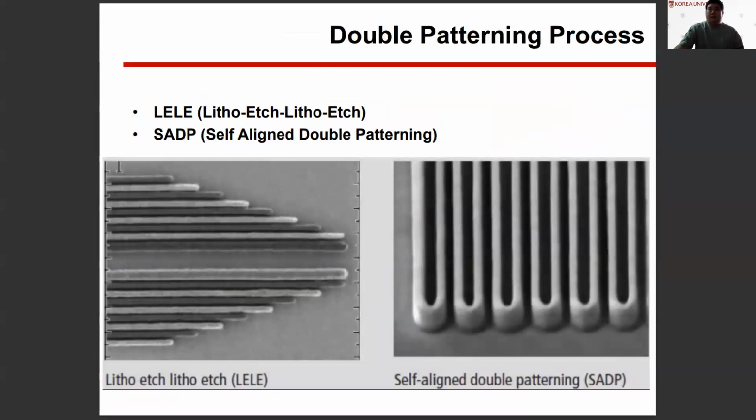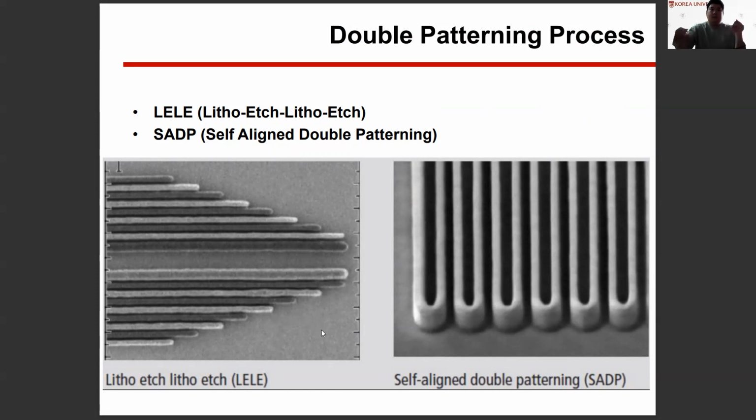Let's move on to the double patterning process. To make even finer patterns, we sometimes make the pattern in several steps. On the left side, this is called litho-etch technology.